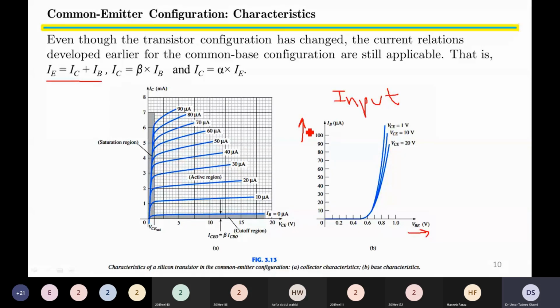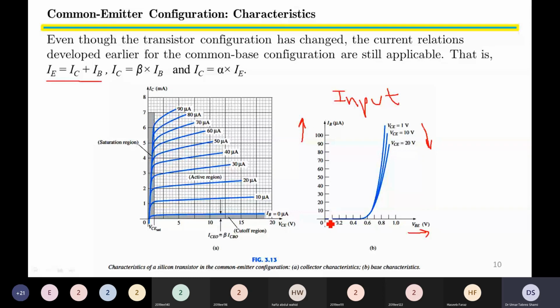We must not forget that the base emitter is a simple PN junction. Therefore, the characteristics will look very similar to those of a PN junction diode. And we can get a variety of characteristics by changing the voltage collector emitter.